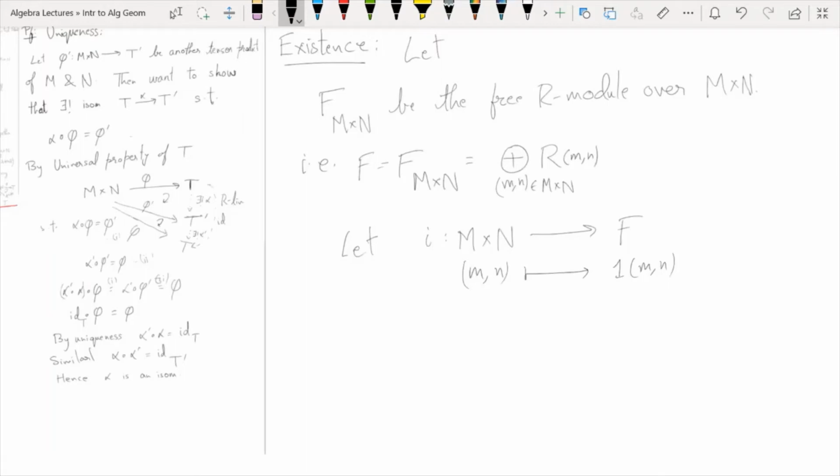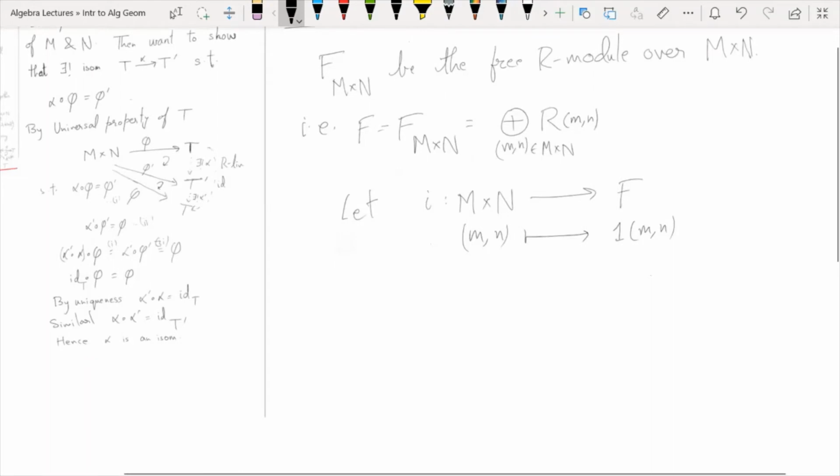This is just an arbitrary function, there is no linearity or anything. Now we want to cook up a bilinear map out of this.